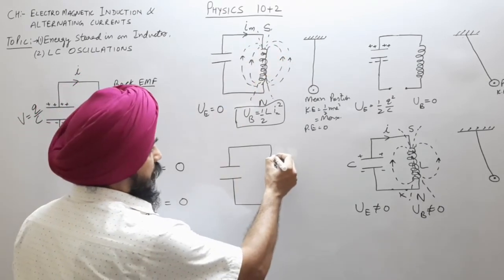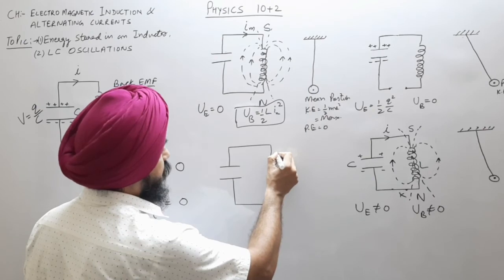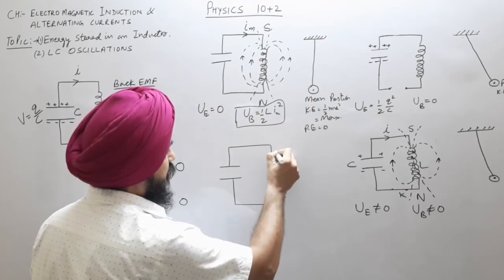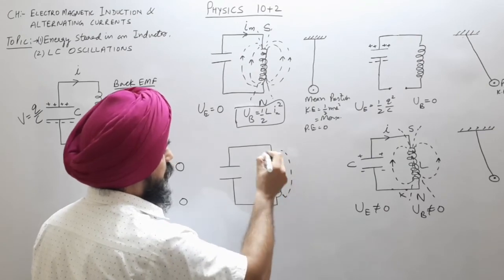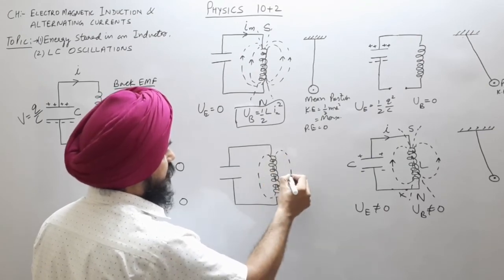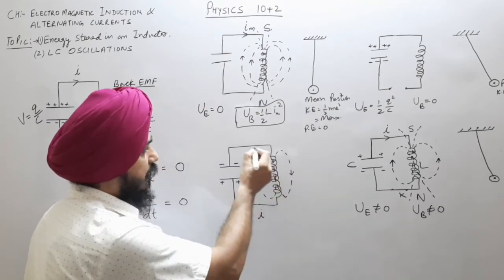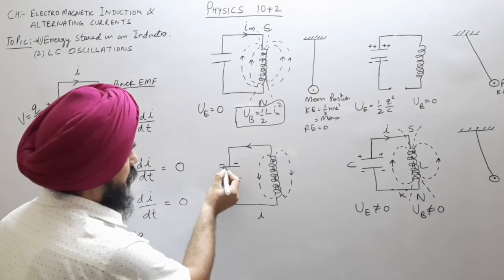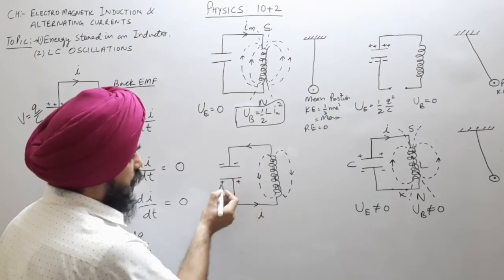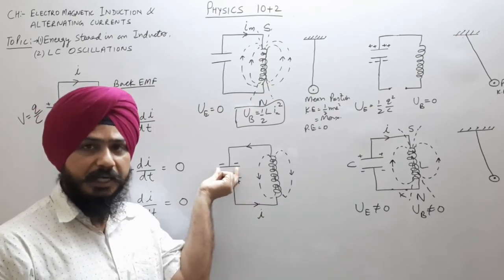So it induces the current in another direction. So the magnetic field lines reversed their direction. The current flows in the opposite direction, making the lower plate a little positive and the upper plate a little negative.